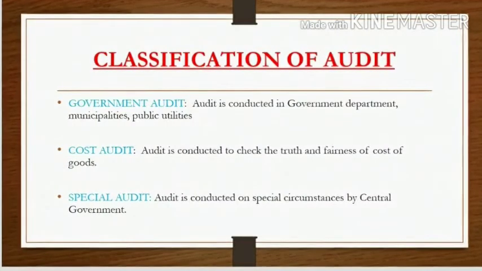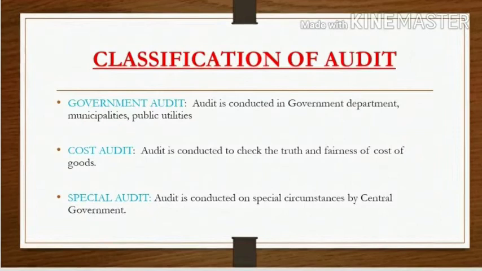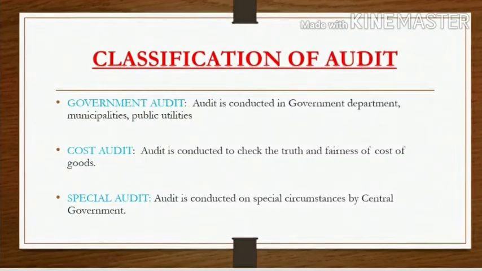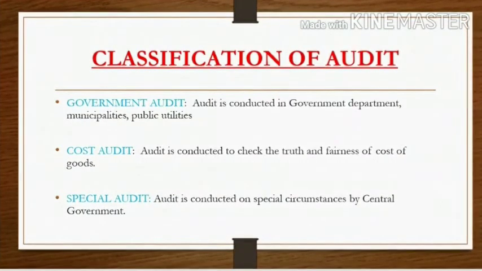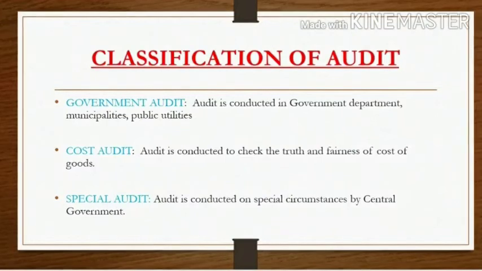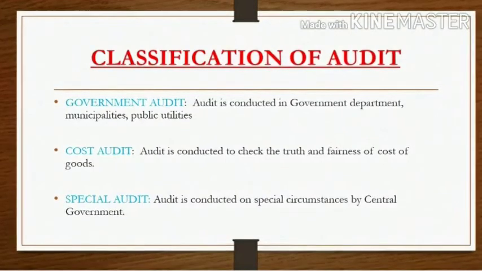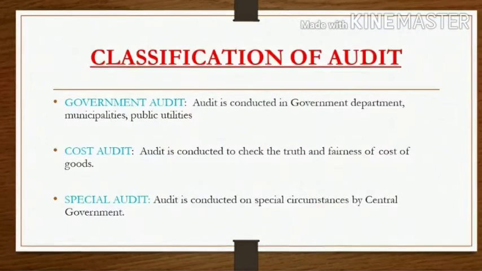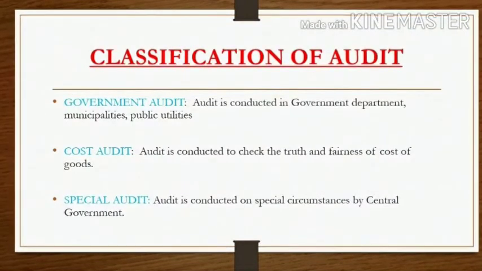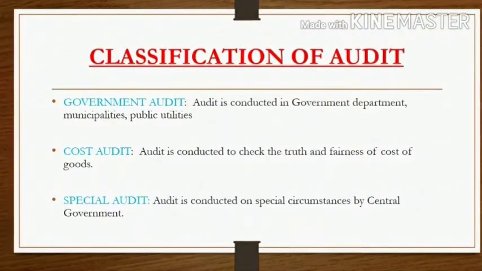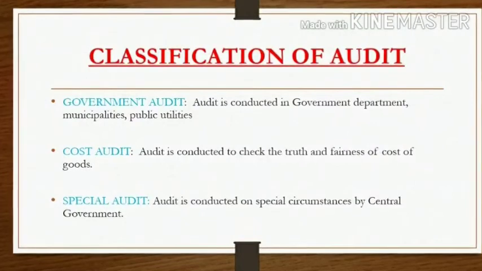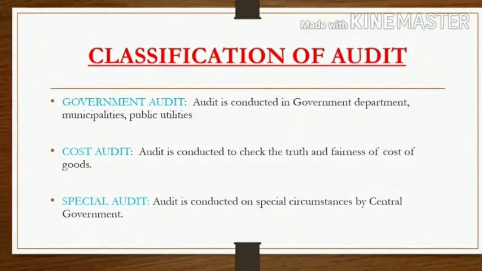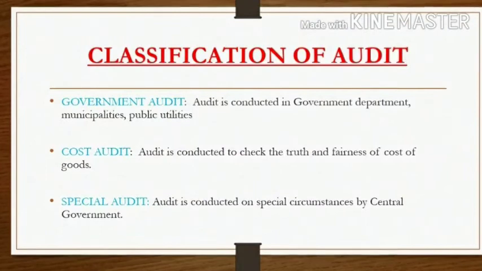That is, the person will be appointed by the central government on the advice of the Comptroller and Auditor General. The auditor, after examining the accounts, submits the report to the CAG, who comments on it and places it before the parliament.